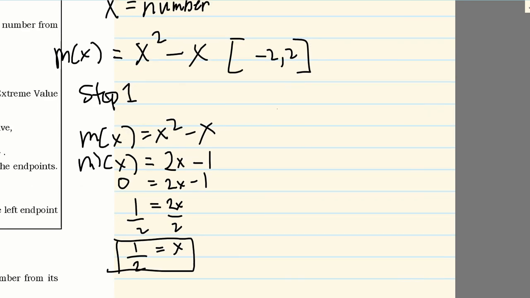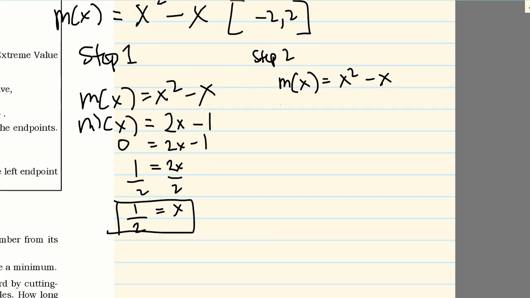Okay, so we have here step 2. Step 2 is we're gonna copy once again the function, and then we evaluate. We forgot something. What? We forgot the box.